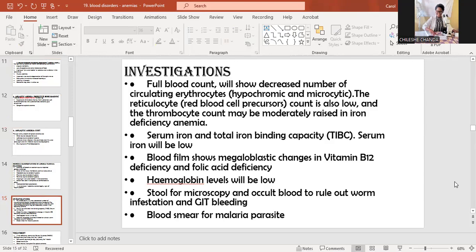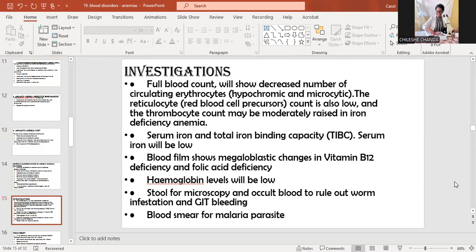You can do a stool for microscopy. You take stool from this human being and you take it to the lab. This is in order for you to find out what is causing this anemia. So you take this stool to the lab and they're going to test it for presence of blood. And if it is positive, then you suspect there is bleeding somewhere in the GIT. Now, if this blood is fresh, it means they're bleeding from somewhere near the rectum.